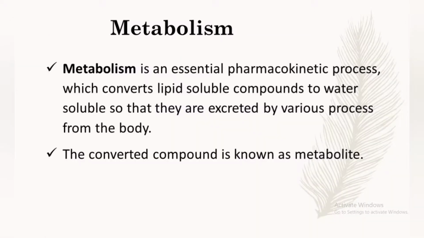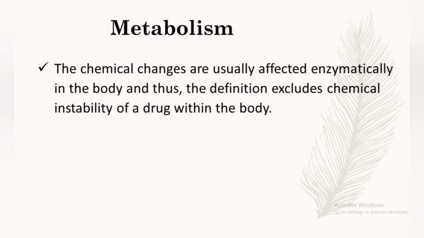The converted compounds or end products of metabolism are known as metabolites. If chemical changes occur due to an enzyme, then only it is known as metabolism. But if chemical conversion takes place without involvement of any enzyme, then it is known as chemical instability.